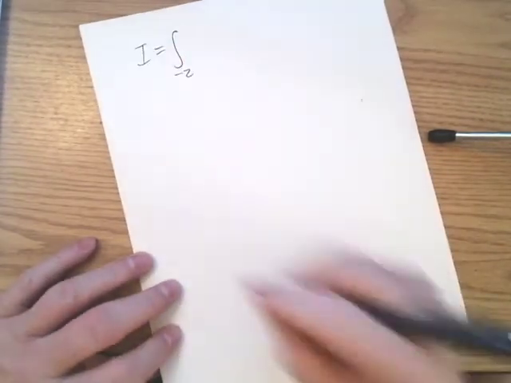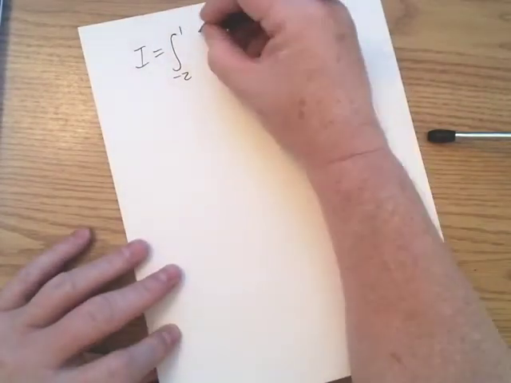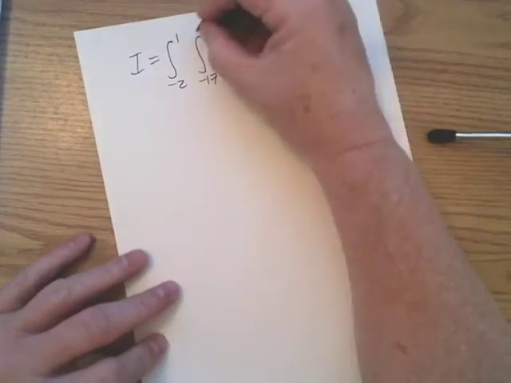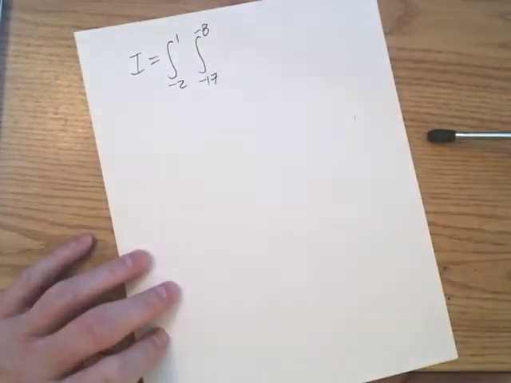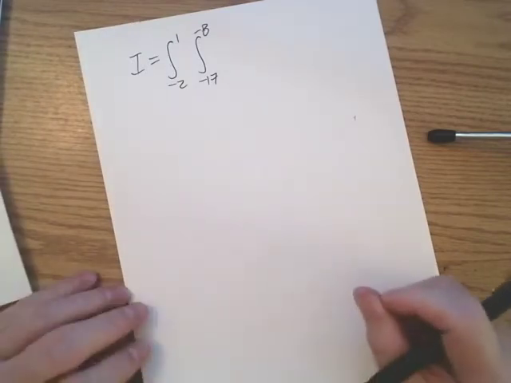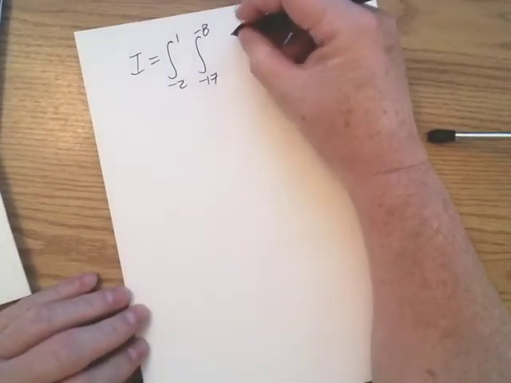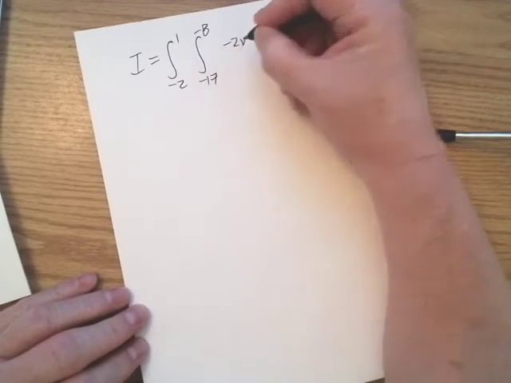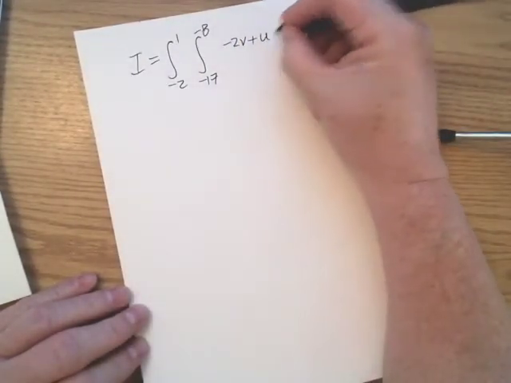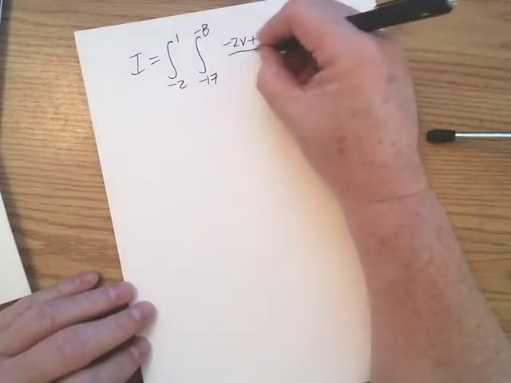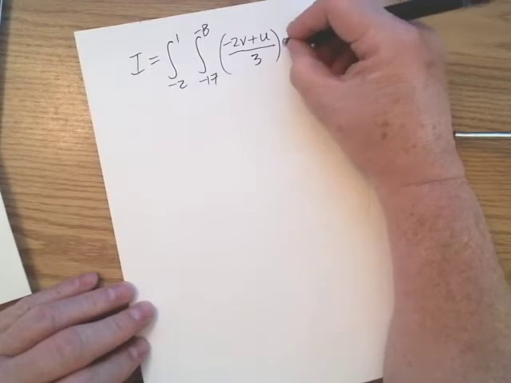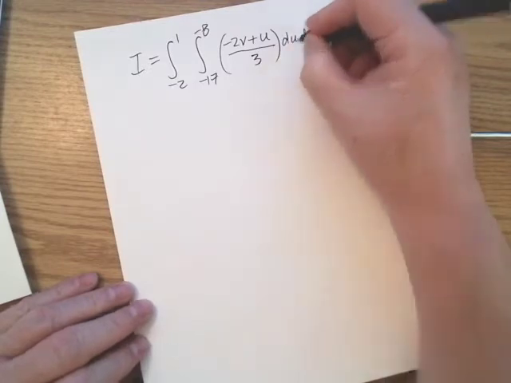Minus 2 to 1, minus 17 to minus 8. I think we get negative 2v plus u, all over 3, du dv.